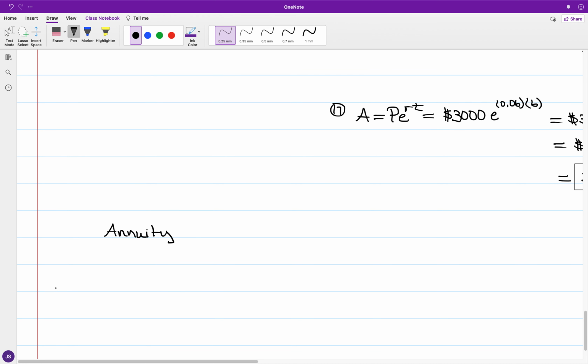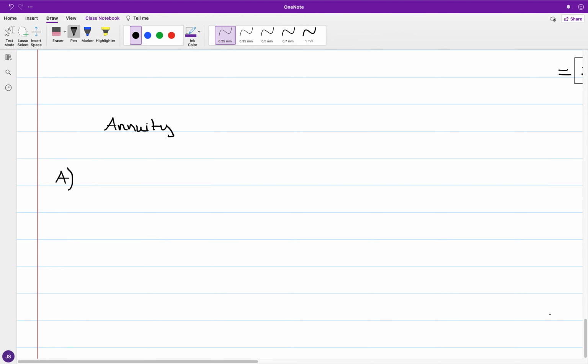Just for the traditional annuity formula, that's the one that's on the conservative side, we have A is equal to P times the quantity of 1 plus r over n, raised to the n times t, minus 1, and we have times n over r.